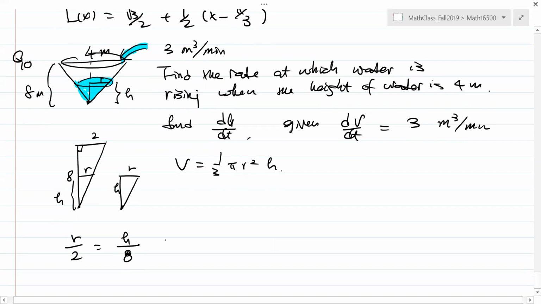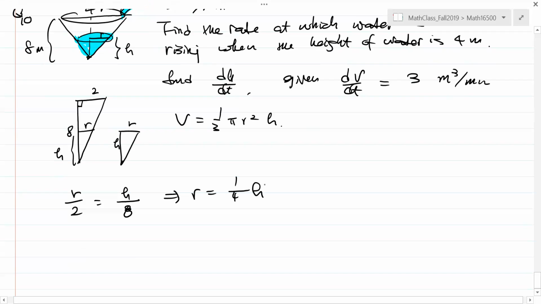So you can use r equals a quarter of h. Now you can put it here. V is going to be 1/3 pi, a quarter of h squared, times h.